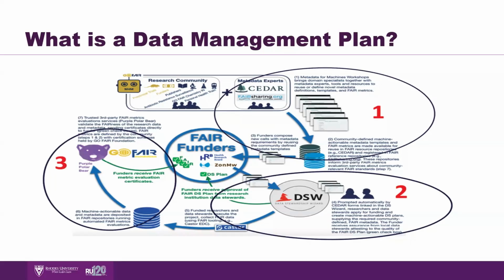The data management plans can be pushed from software known as data management planning software to other systems such as information management systems, as well as research data repositories. So the idea is that this is not a document that exists in isolation, but it should interact with various technological systems.